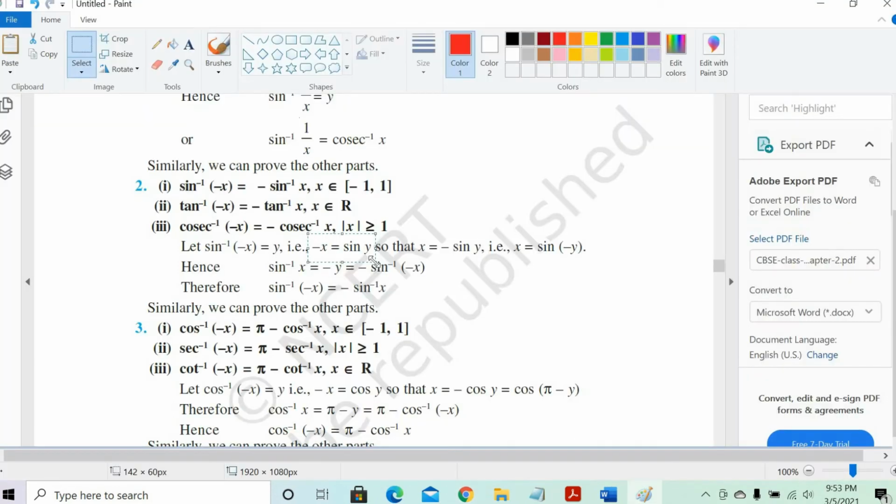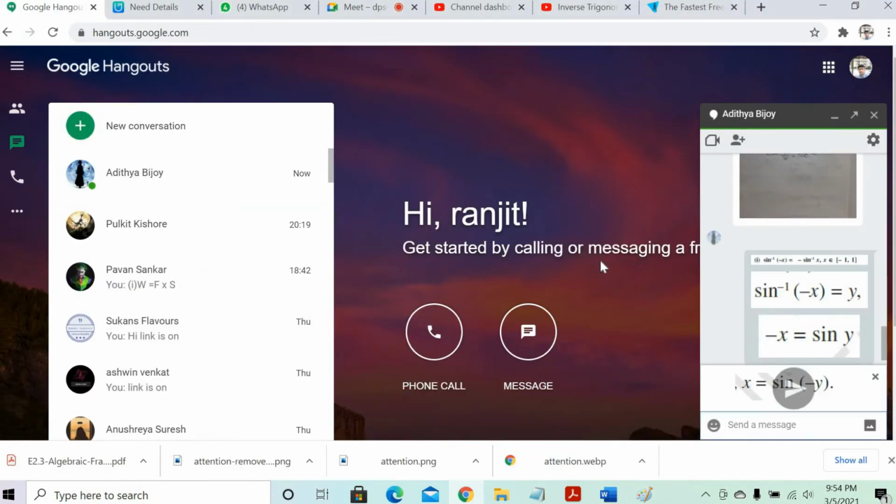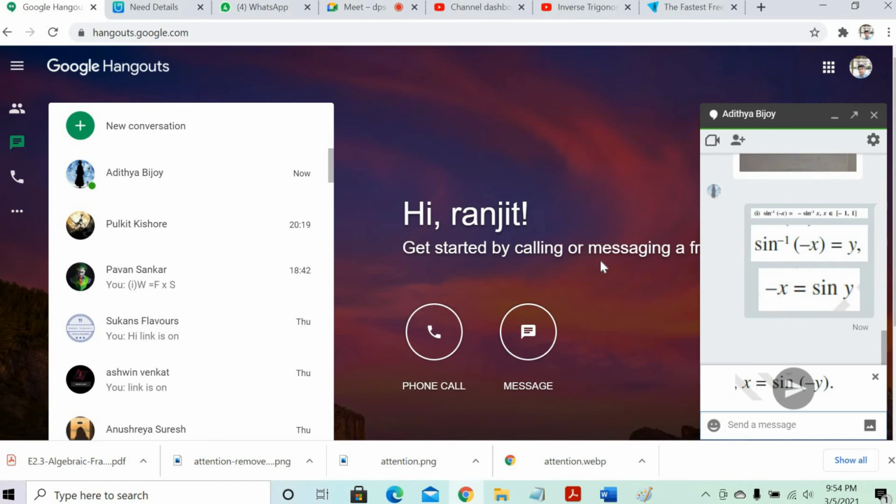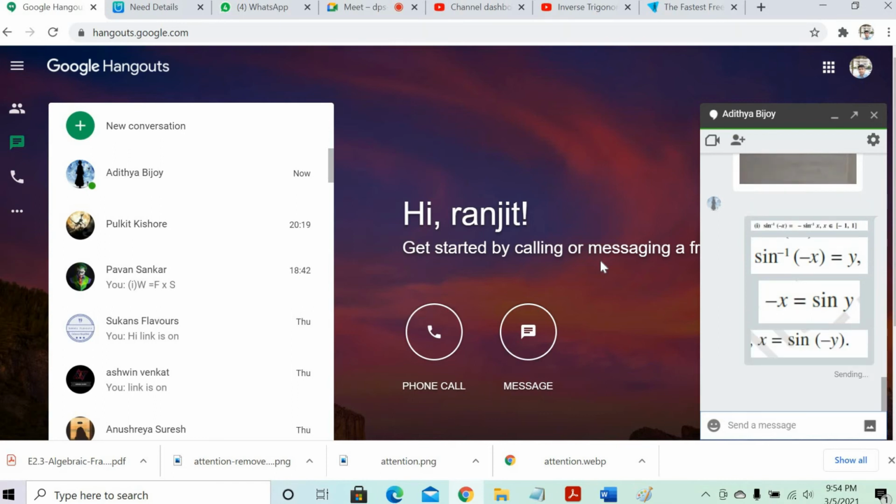Next. Now, how do we remove the minus sign from here? Let's take the minus sign from x to sine y. Now x will be equal to minus sine y. Minus sine y can be written as sine of minus y, because sine of minus theta is nothing but minus sine theta, right?